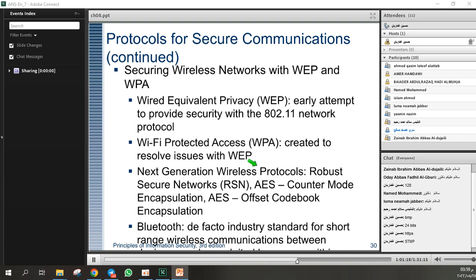Also, in Wi-Fi, we are using WPA, Wi-Fi Protected Access. However, in the next generation of wireless protocols, we can see other protocols too. For example, Robust Secure Network, RSN, AES counter mode encapsulation, and so on.